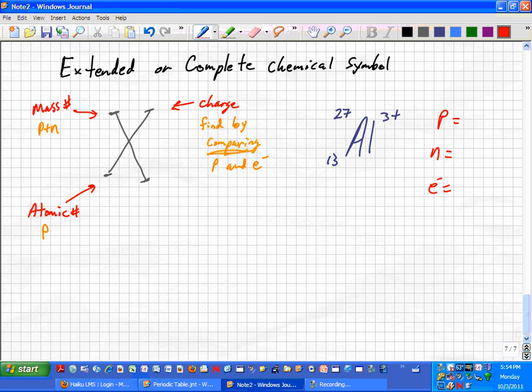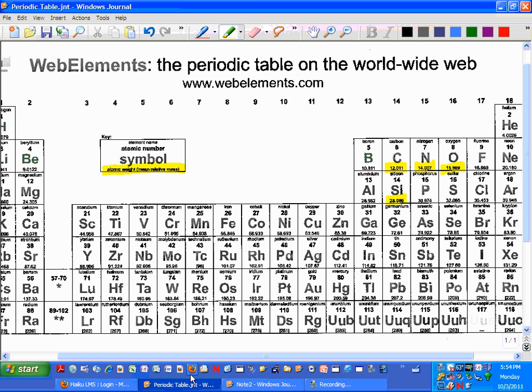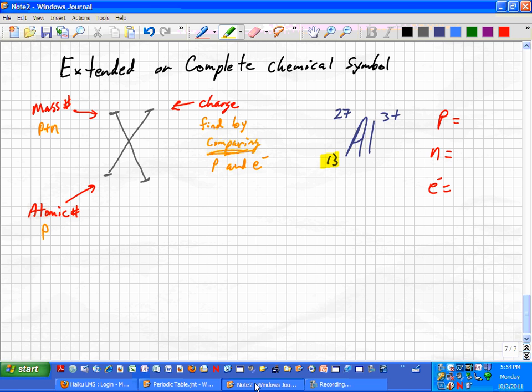Easy one is my number of protons, my atomic number, right down here. Atomic number tells me my number of protons. If this number is blank, then I've got the symbol, and I just look it up on the periodic table, and I see that atomic number is 13. So I know that this has 13 protons right off the bat. One of two ways. I can look here, or I can look here.